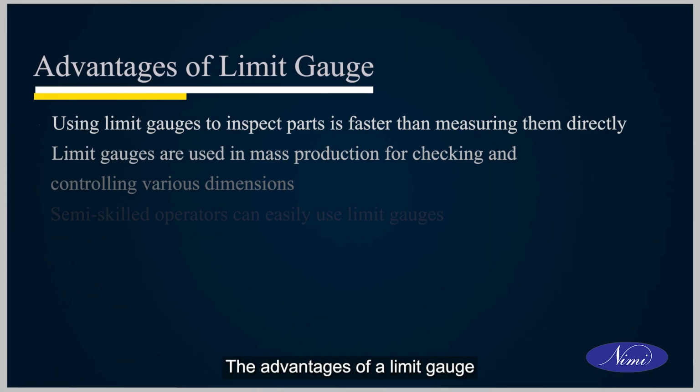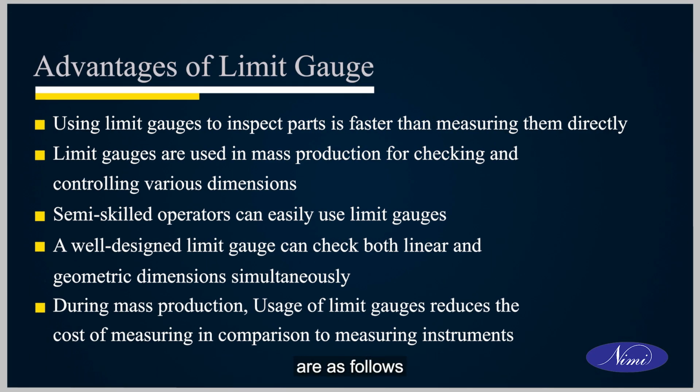The advantages of a limit gauge are as follows. Using limit gauges to inspect parts is faster than measuring them directly. Limit gauges are used in mass production for checking and controlling various dimensions.